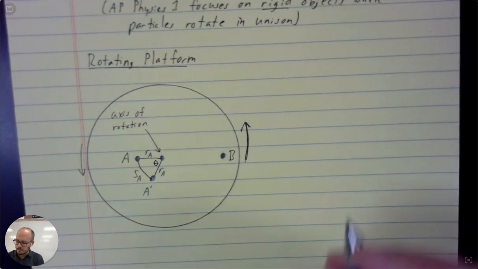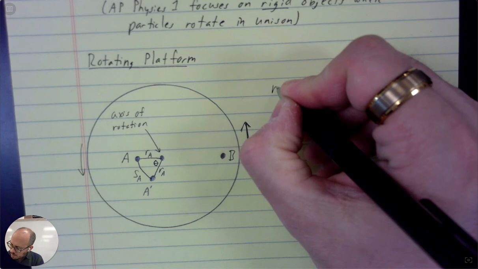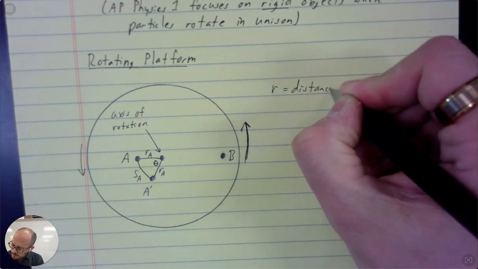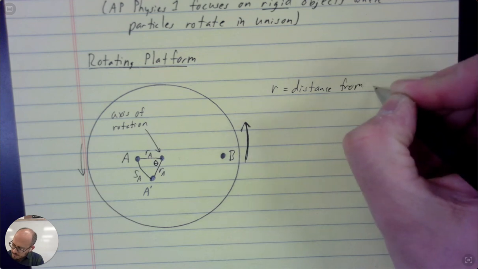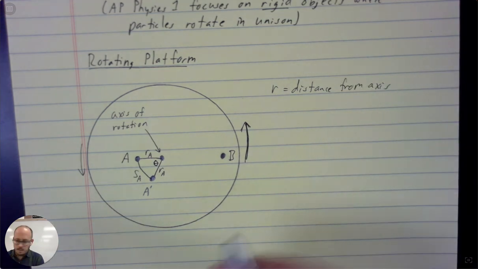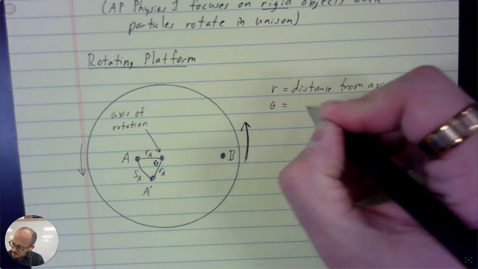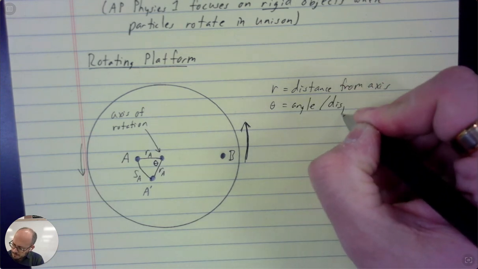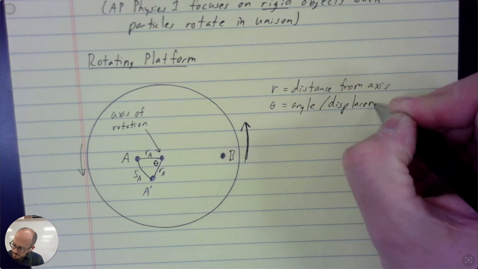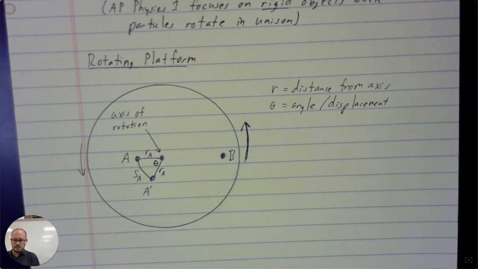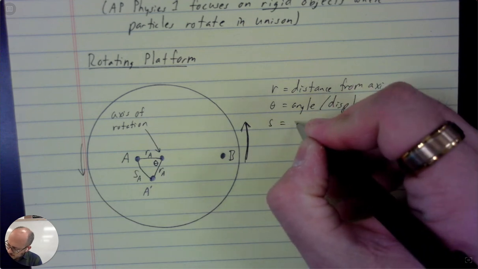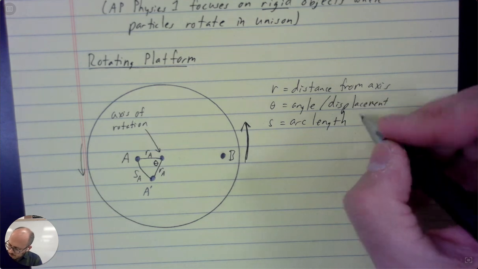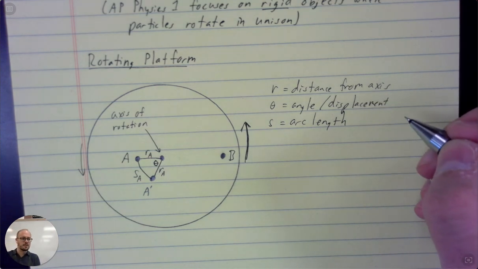Okay, so we can define some things. So r is distance from the axis. Theta is still angle, but in this case it's the displacement of that point, and then s is arc length, which is also a distance, so that's the linear distance.